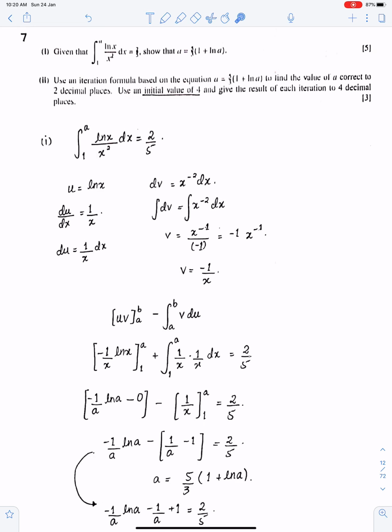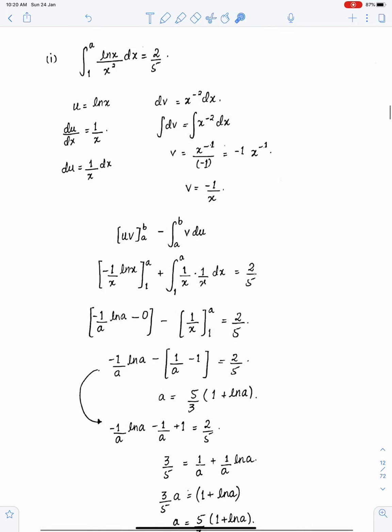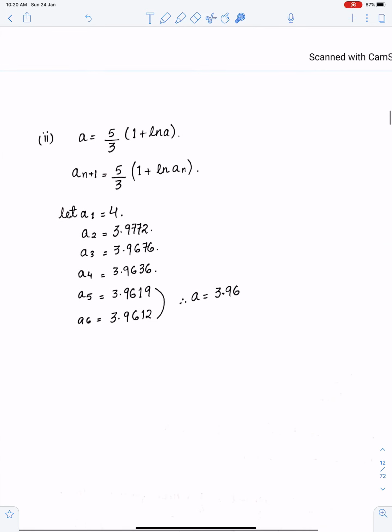Use an iterative formula. You can convert this into an iterative formula by writing n+1 here and n here. I explained this thing in detail in my first lecture, how to make the iterative formula. Use the initial value 4 and find the answer. You just need to write n+1 here and n here, because this equation has converged.